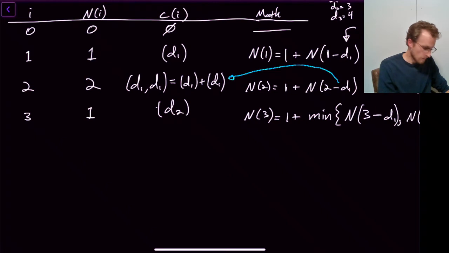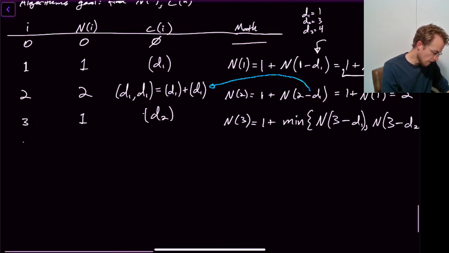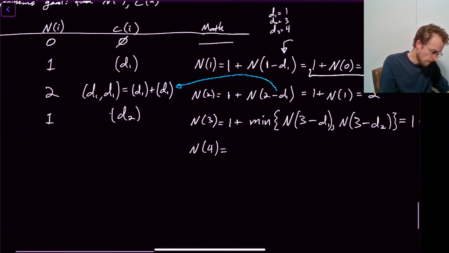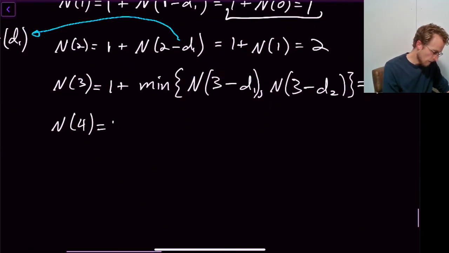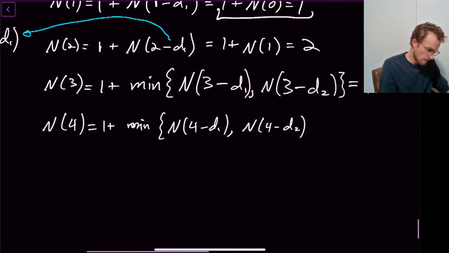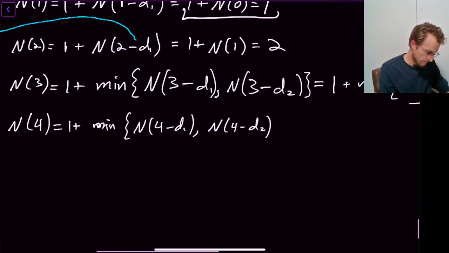But let's proceed. So to find the number of coins for optimal change for 4, I've got n of 4 equals 1 plus the minimum of now 3 different numbers. So the minimum of n of 4 minus d1, n of 4 minus d2, and n of 4 minus d3.